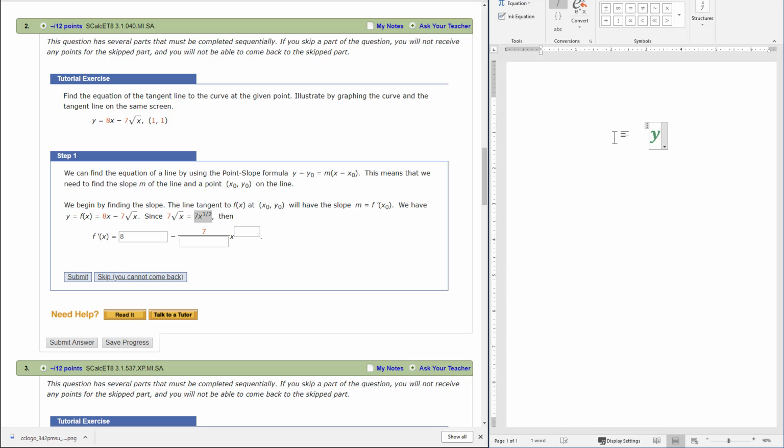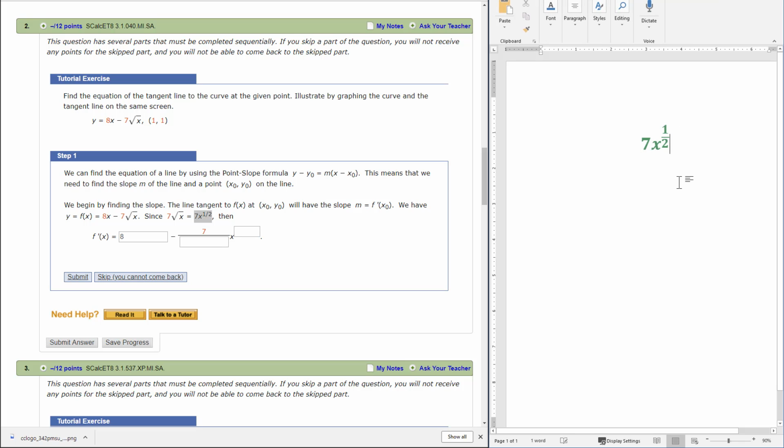We have 7 times x to the 1/2 power. And the derivative of this is bringing the 1/2 down, so that's going to give us 7 over 2, and then taking this 1/2 and subtracting 1 from it.